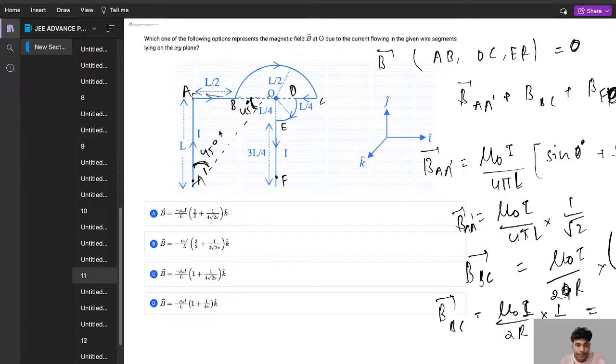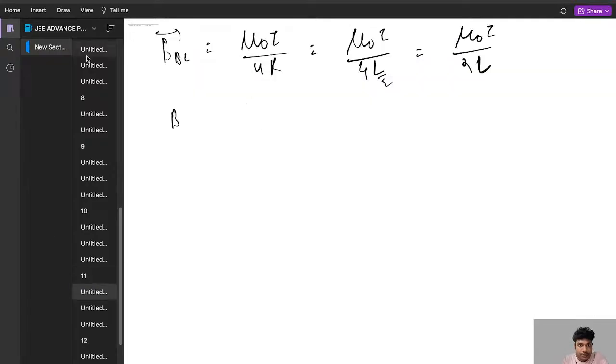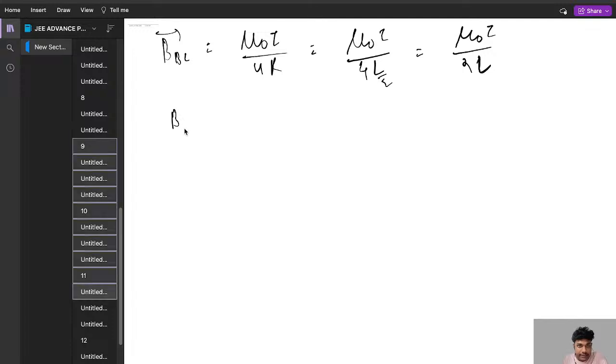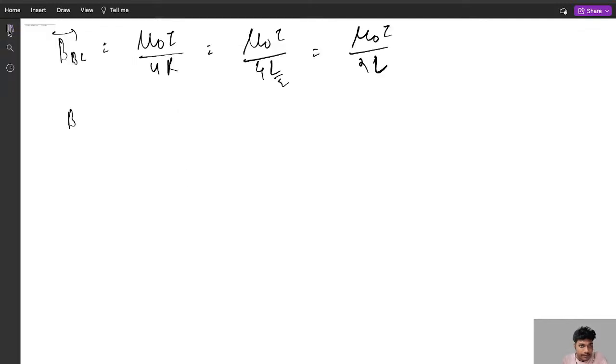Okay, and the radius is L by 4, sorry, that is due to DC, equal to mu naught I upon 2R into 90 degree upon 360 degree, right?